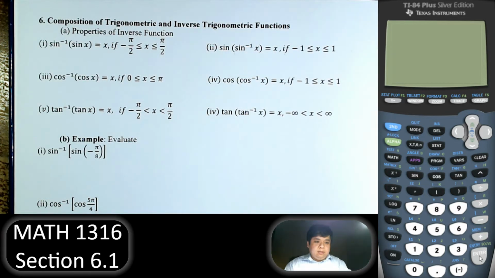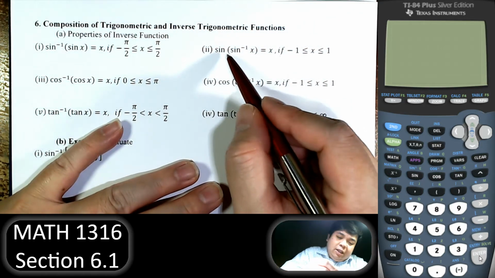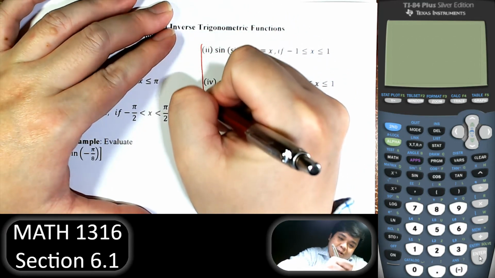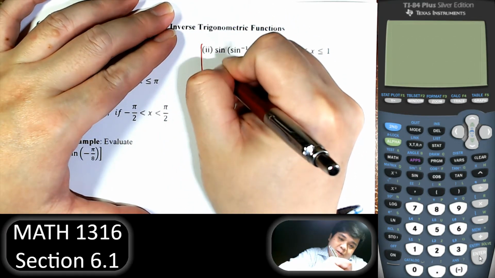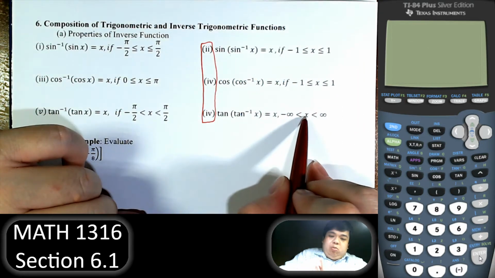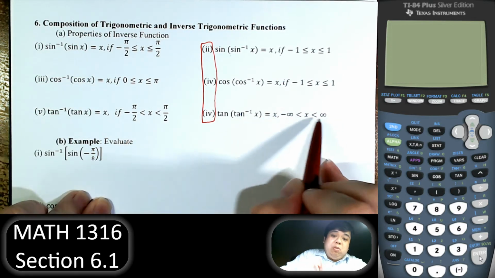Now, one thing we should note for everything on this side: x is for every value in negative infinity to infinity, so that pretty much defines everywhere.